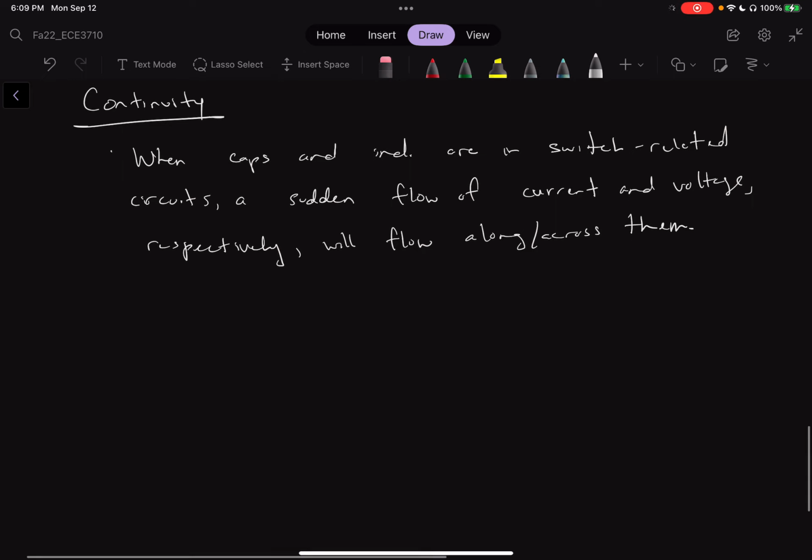Right? I'm not going to draw it, but if you've seen capacitors or inductors in a circuit that has a switch, all of a sudden voltage or current is appearing in the circuit.